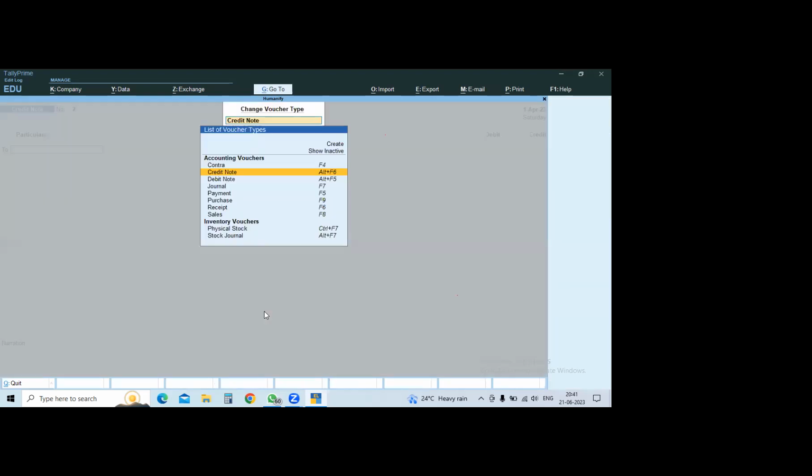So far we have completed all the types of the vouchers. Next class is a challenging class for you. We are going to create a profit and loss account and balance sheet statement. We are going to create everything. So click on debit note.